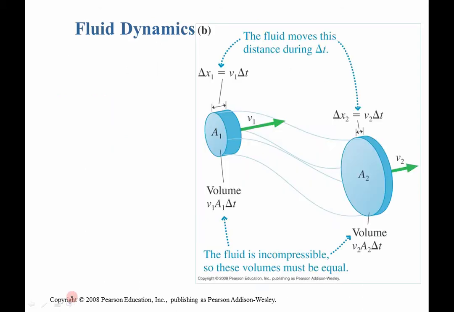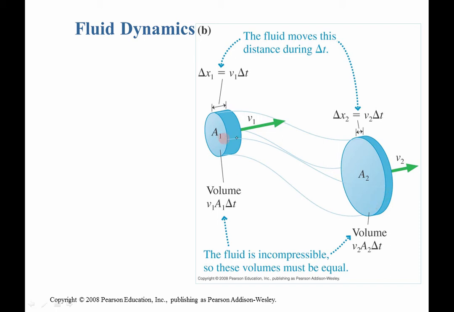So let's look at how that equation happens. In this volume here, it's exactly the same volume here, and it's given by the area A1 times its thickness. This thickness is equal to V1 times delta T. So the volume here is V1 A1 times delta T. In the same sense, the volume here would be V2 A2 times delta T. And they have the same amount of fluid.